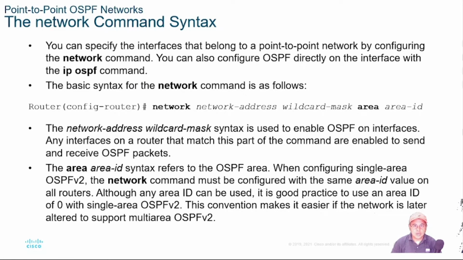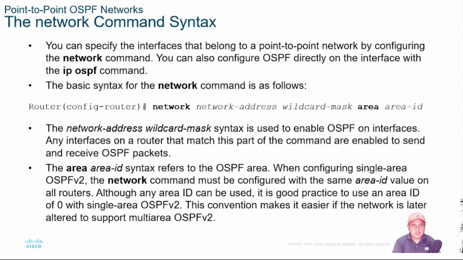Wildcard mask is just the opposite of the subnet mask. And then we will specify the area. Since we are talking about the single area OSPF network, we'll use 0 as the area ID.